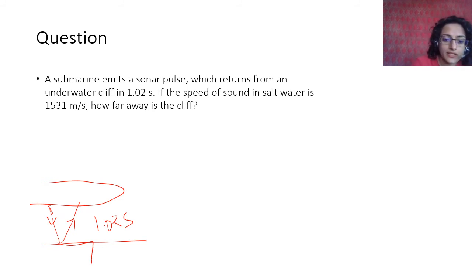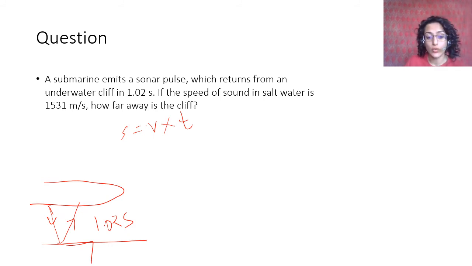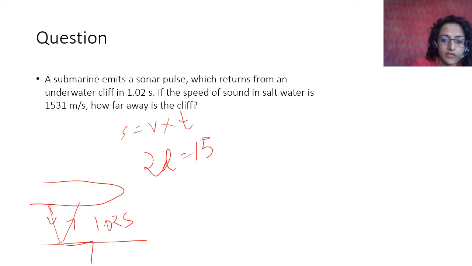Now the simple thing is, how far away is it? We know the formula: speed is equal to distance upon time. Distance is equal to speed into time. Because it is coming back, the distance is 2d. So 2d is equal to 1531 into 1.02, which is 1561.62.